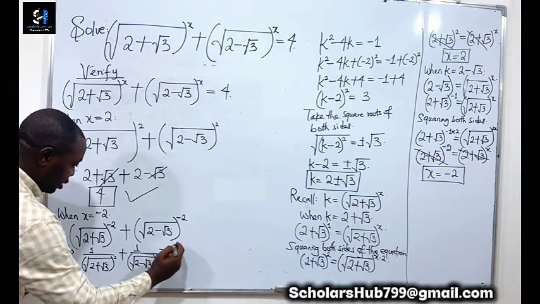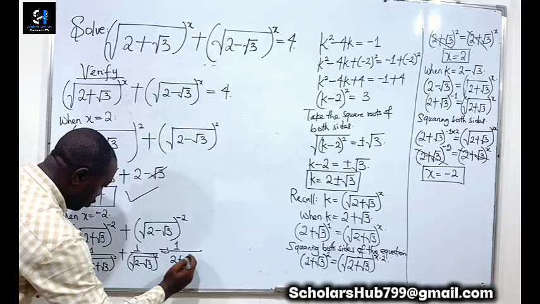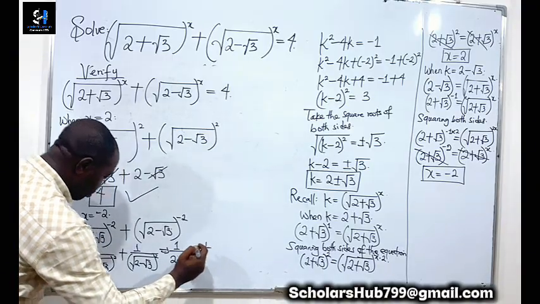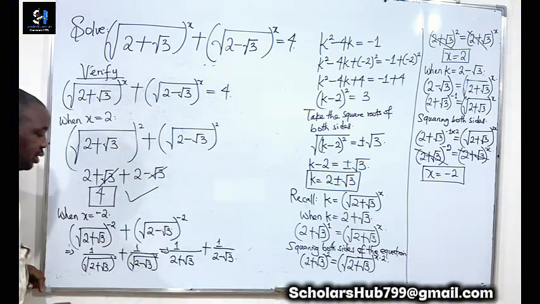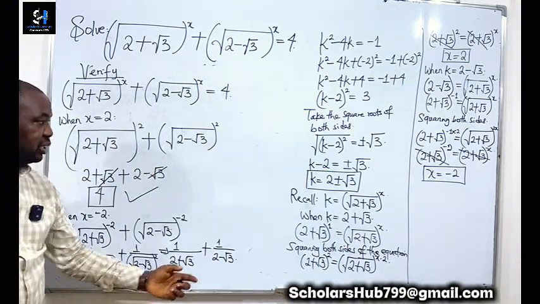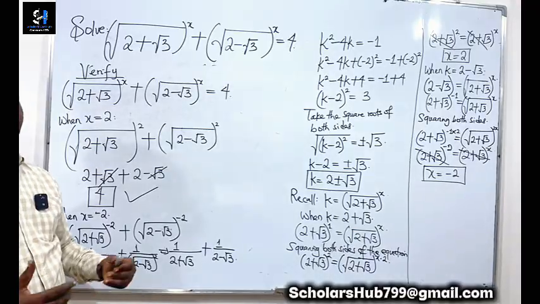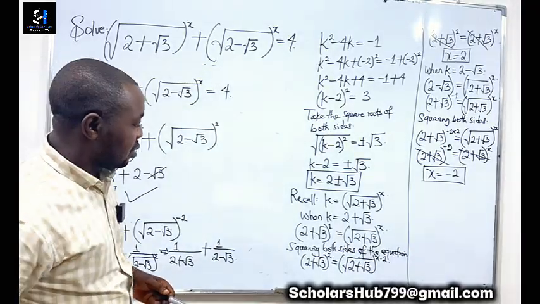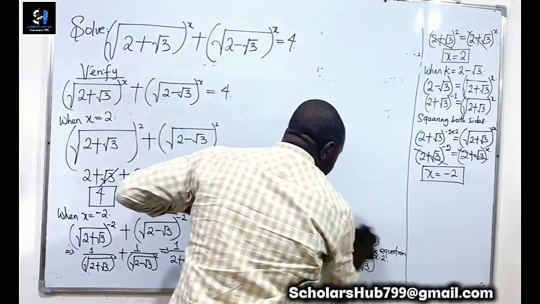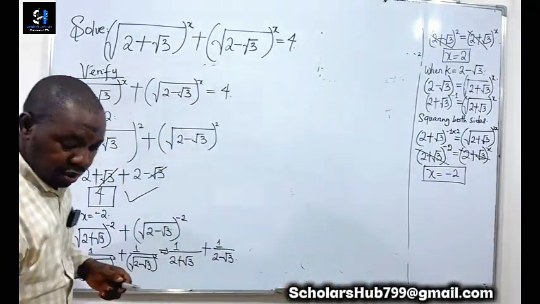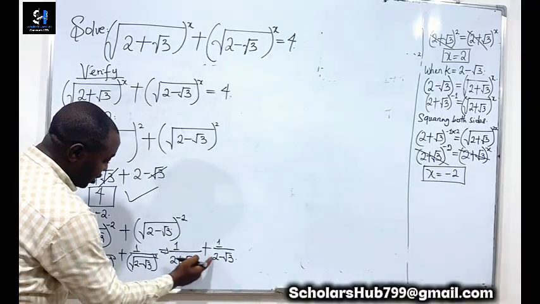So this will be 1 over 2 plus root 3 plus 1 over 2 minus root 3. In this case, we can perform algebraic multiplication.